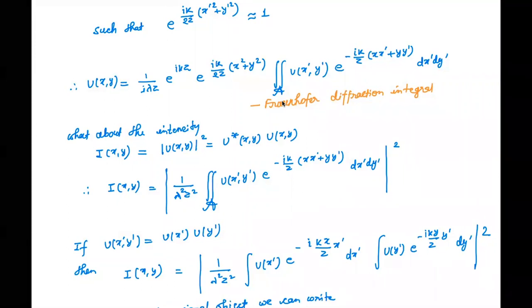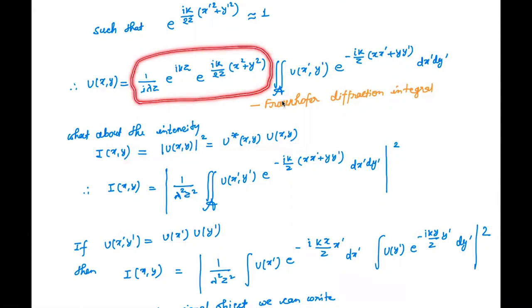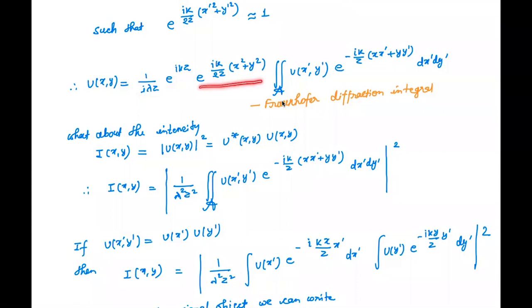Fine. So what we do measure in experiments is not amplitude, we always measure intensity. So how do we calculate intensity? So intensity is simply the amplitude square, at least at this level, which we can write as u star u. And if you write that, you can see all these terms are phase terms. They have this i here. Well, not this one, but this one is exponential. This is also exponential i type.